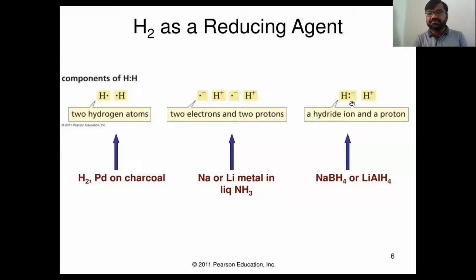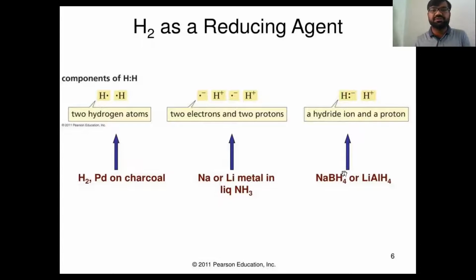H plus is a proton, H minus is a hydride ion having two electrons with one hydrogen. H minus and H plus, overall charge is 0, the atom is hydrogen. This can be utilized in reduction using lithium aluminum hydride and sodium borohydride.